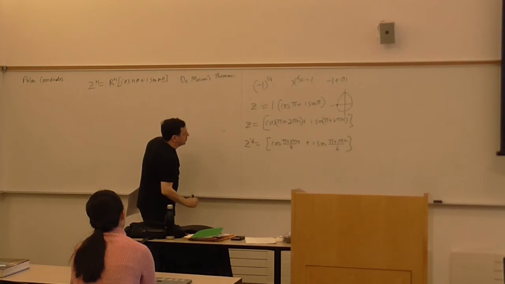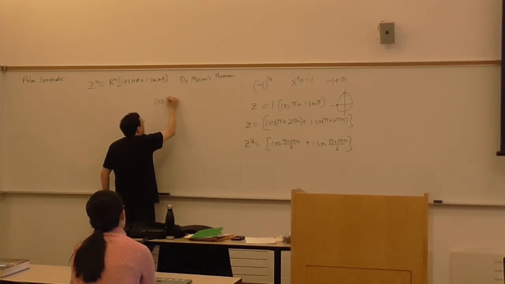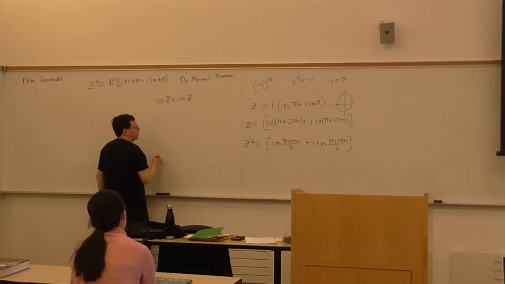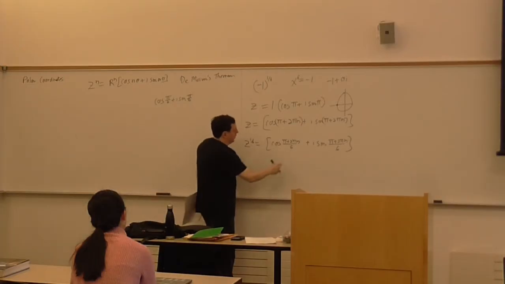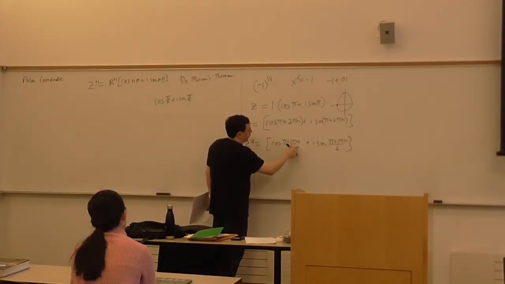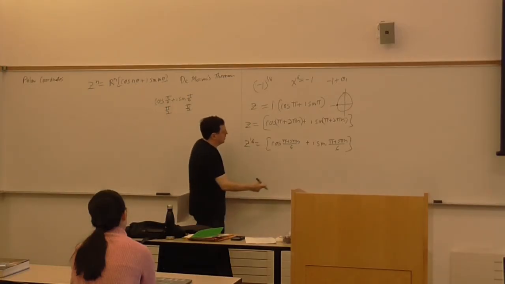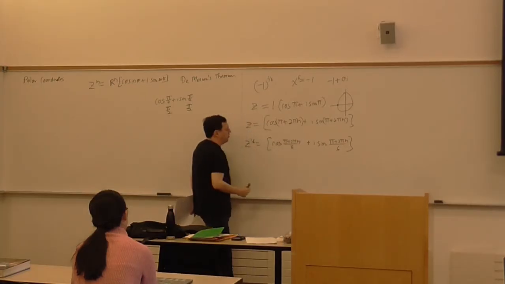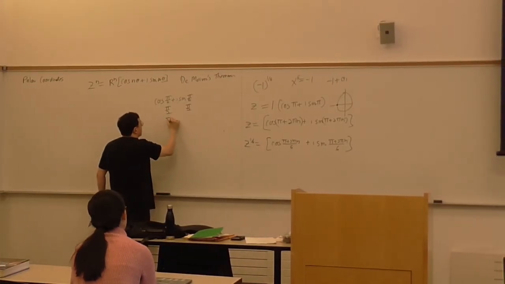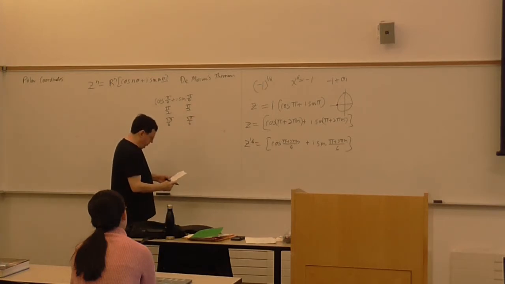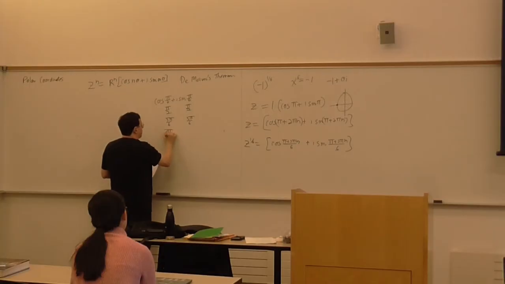So one of the solutions is cosine of pi over 6 plus i sine of pi over 6. We'll investigate that a little later. If n is 1, that's 3 pi over 6, that's pi over 2. Then n is 2, that becomes 5 pi over 6. And what else? 7 pi over 6.